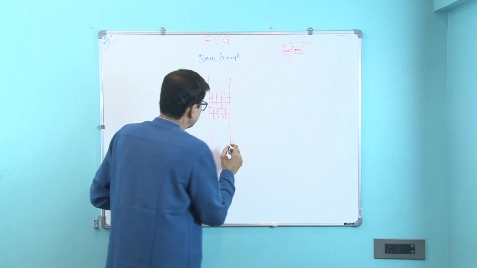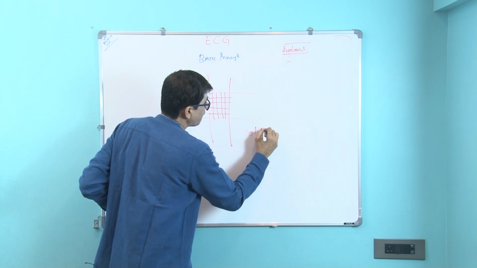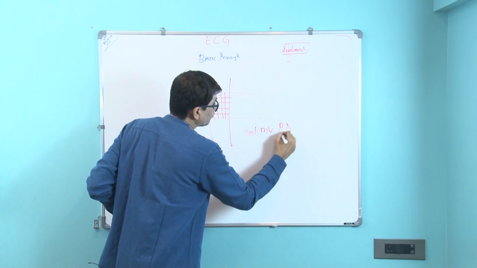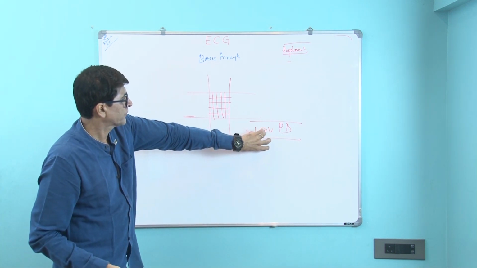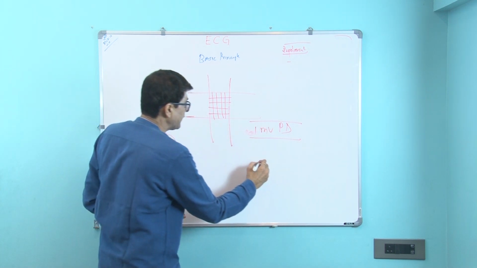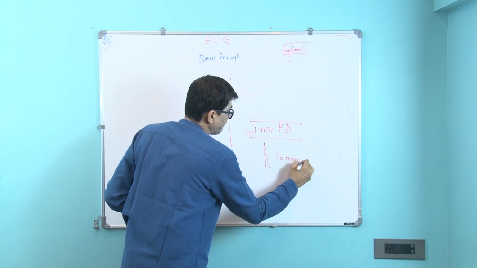So, when there is a 1 millivolt potential difference between two leads, ECG will record 10 millimeter deflection.